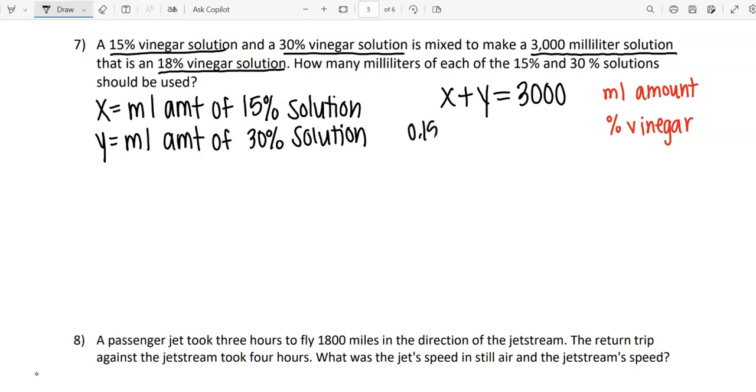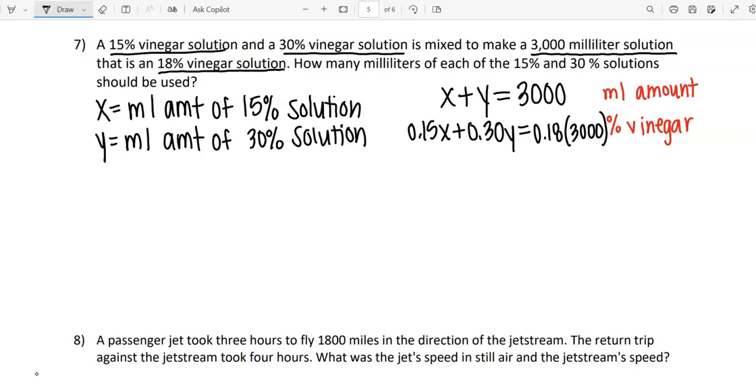So 0.15x plus, I'm combining that with my 30% solution, which is y, and I need to multiply that by 30% or 0.30y. This is where it gets weird. I have 15% and 30% going in to make what? 18% of how much? 3,000. So you've got 18% times that 3,000.